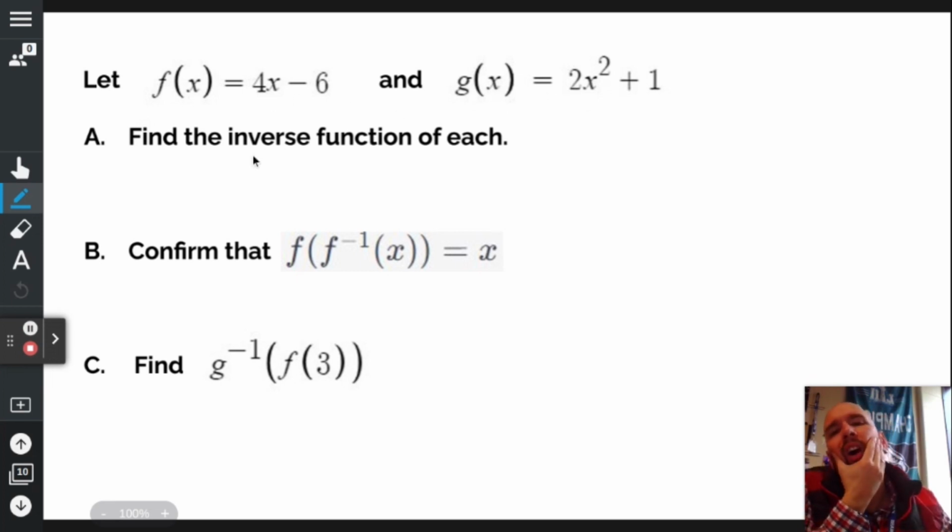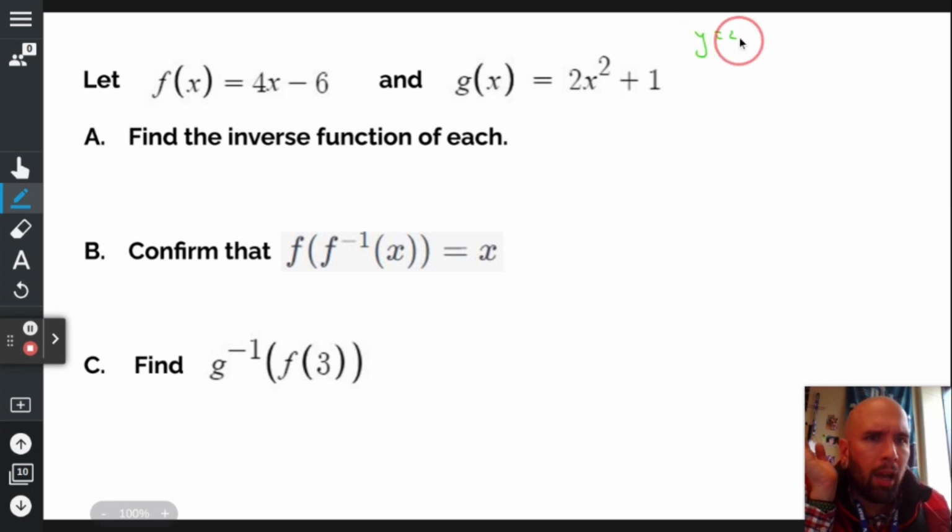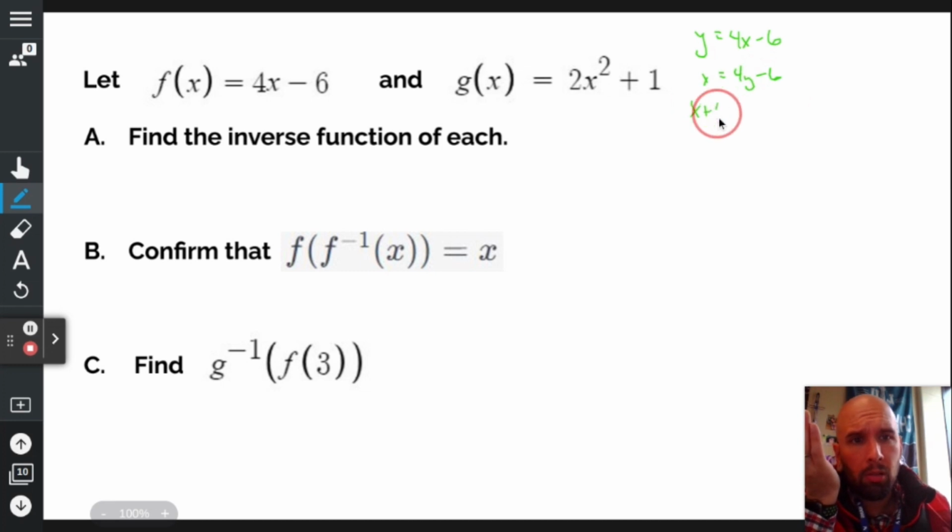All right, so let f of x equals 4x minus 6, g of x equals 2x squared plus 1. Find the inverse function of each. Okay, so very similar to what we had at the very beginning. I'm going to do f of x here. I'm going to always swap out the f of x with y for the time being. Step number 1, change the x and the y, swap them. Solve for the new y. Add 6 to both sides.